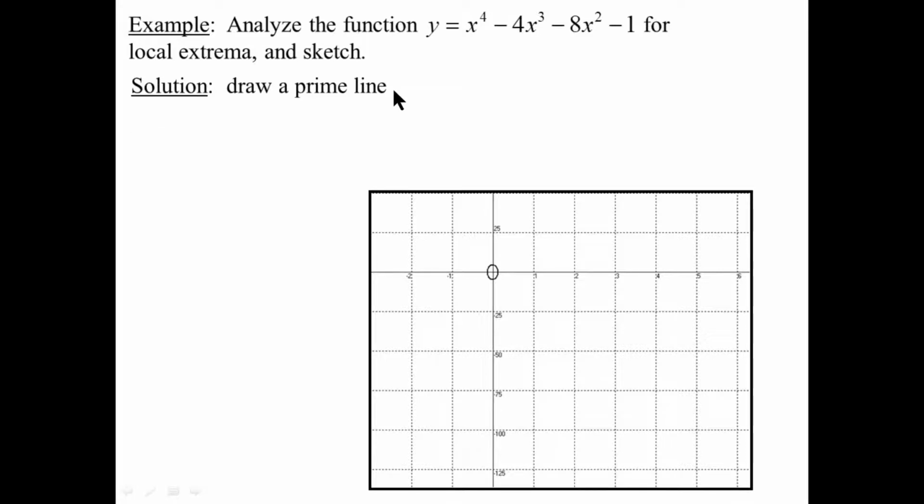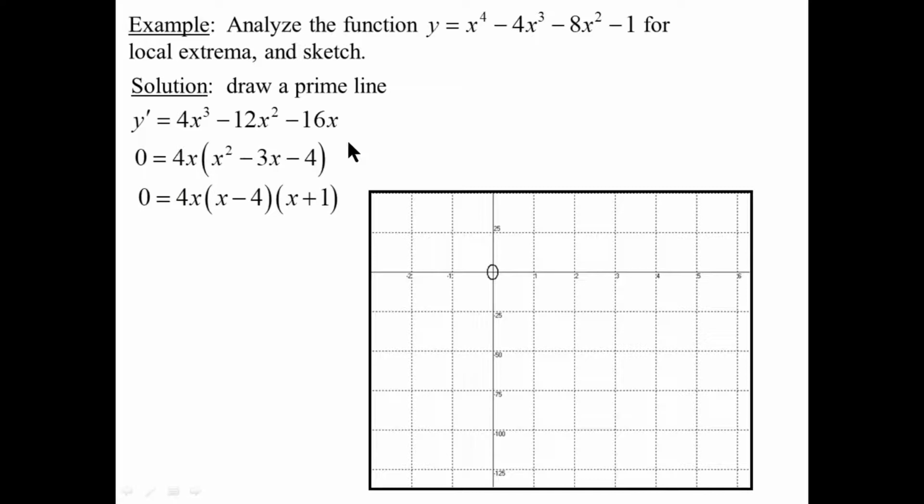Drawing a prime line will involve differentiating 4x cubed minus 12x squared minus 16x, setting it equal to 0, and I common factored out 4x out of my derivative, leaving a factor which is itself a quadratic and can be factored. And we have critical numbers 0, 4, and -1. Put them on a prime line, 4, 0, and -1 in the right order, and evaluate the intervals.